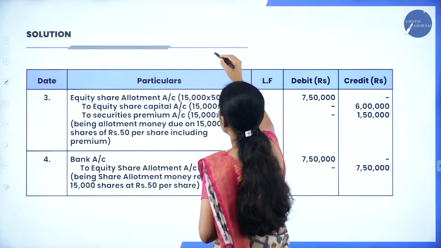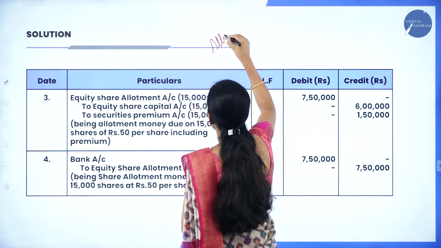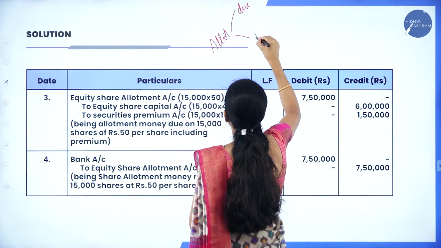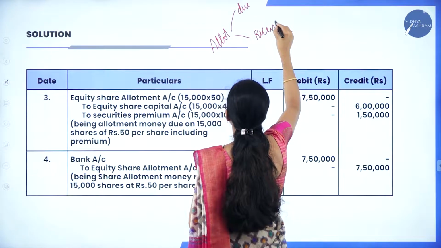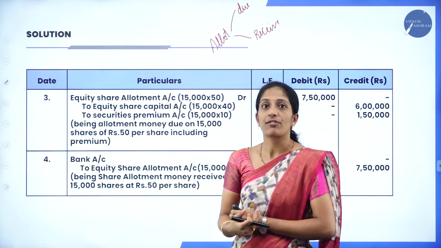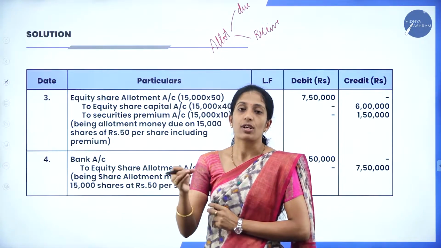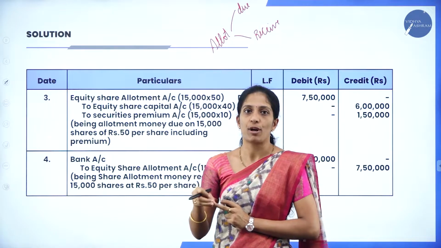Now, come to the next stage, that is the allotment stage, where you are going to record two entries. One is due, the other one is receive. Now, what is the due entry for share allotment? Here the allotment money includes premium also.